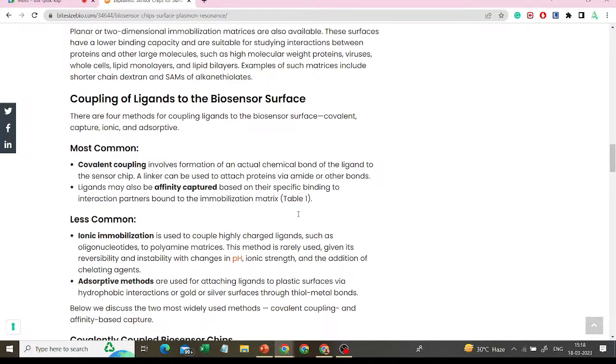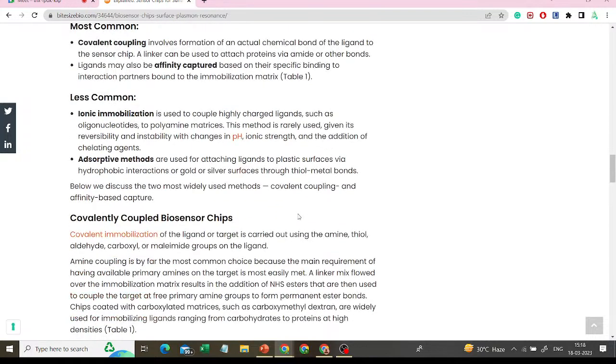Okay, so this table states which ligands can be captured on the basis of their affinity to the immobilization matrix. The two most common methods are covalent coupling and affinity capture. Less common is ionic immobilization, which is used to couple highly charged ligands such as oligonucleotides to polyamine matrices.